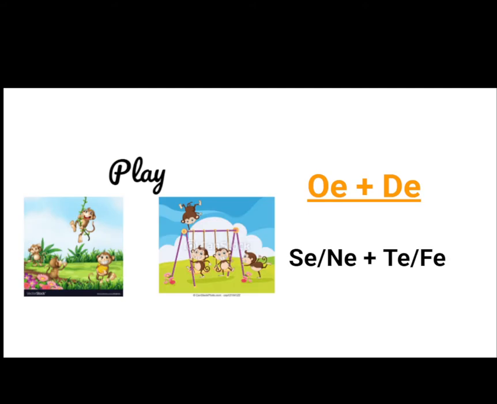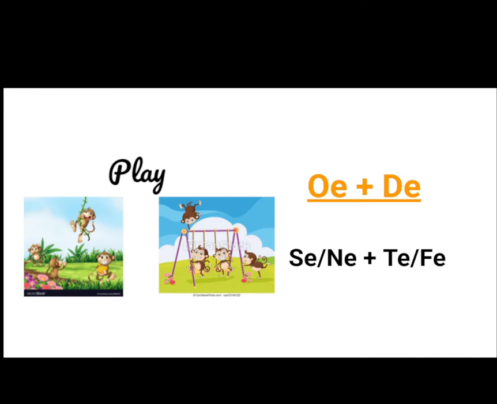Now let's contrast that with the play animal. The play animal is the exact opposite. This is the OE, extroverted organizing, plus DE, extroverted deciding. So this would be SE or NE interacting with TE or FE.